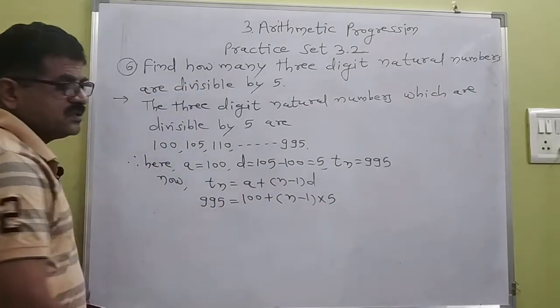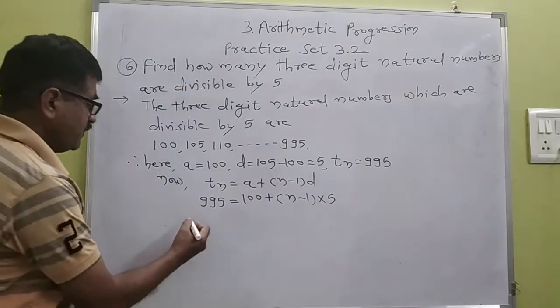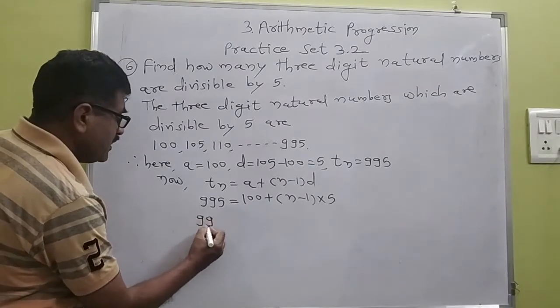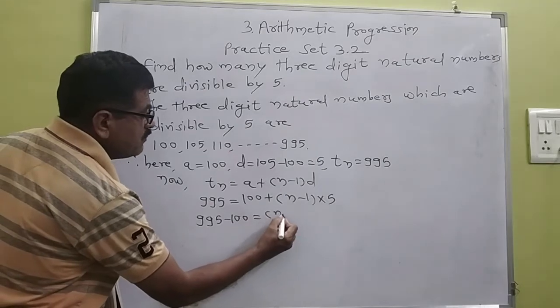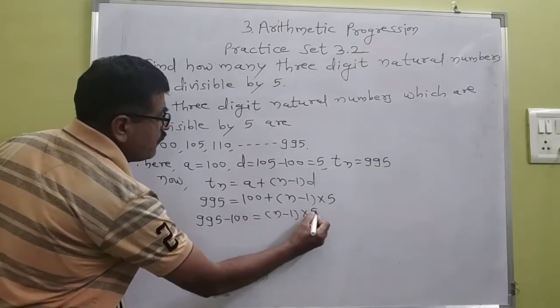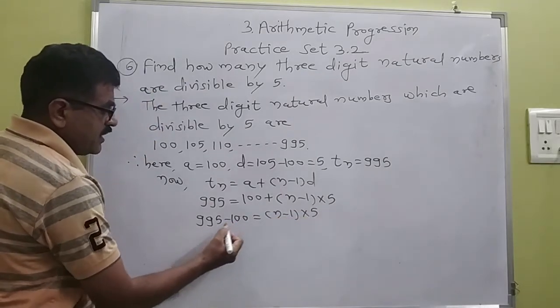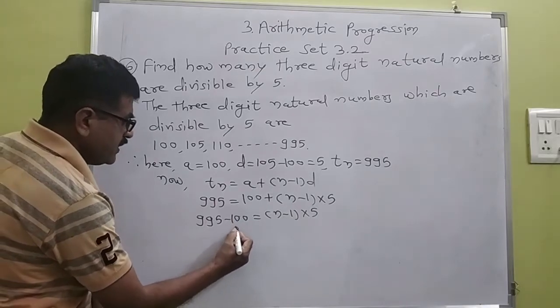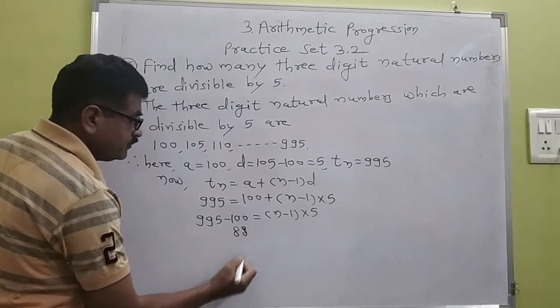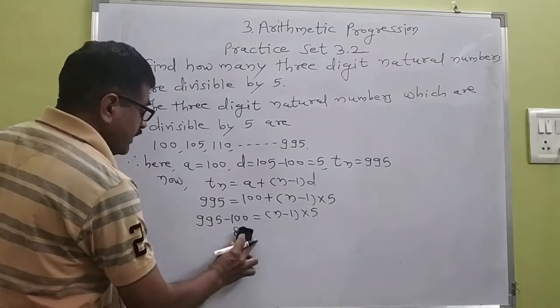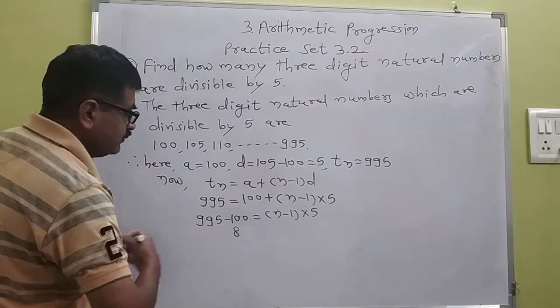Now transfer this 100 to the left-hand side. Therefore 995 minus 100 is equal to n minus 1 into 5. 995 minus 100 is 895.